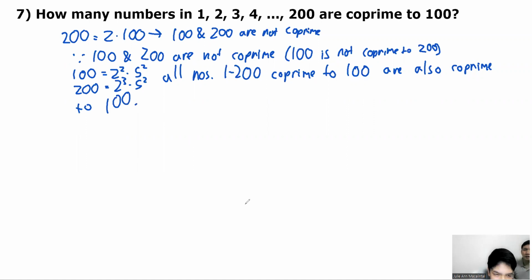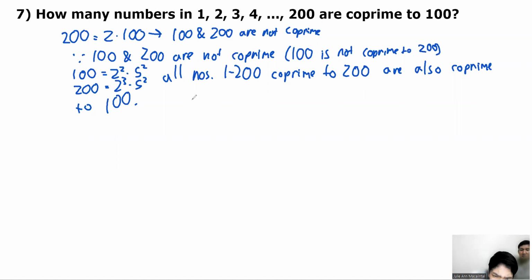Oh, look at this statement. All numbers co-prime to 100 are co-prime to 100? What do you mean? Ah, typo. It should be 200. Okay, now it makes sense. All numbers co-prime to 200 are also co-prime to 100, of course. I did not notice, so be careful. Be very conscious.